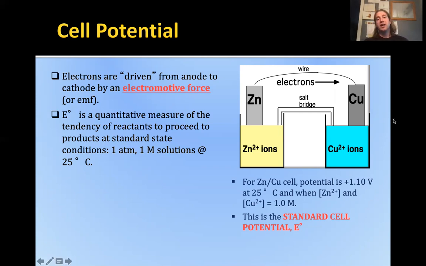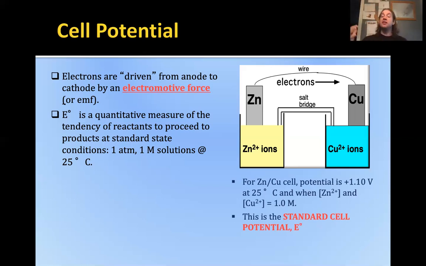And so for this picture over here on the right, we're looking at our kind of zinc to copper. This is the one we built in class, right? If everything had been standard, we should have pulled a voltage of 1.10 volts across our electromotive force, or across our cell. That's assuming everything was under standard conditions. Mine weren't, but that's okay. We didn't come quite out at that 1.1.